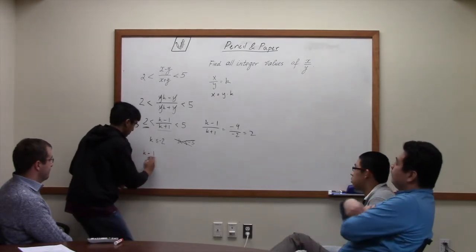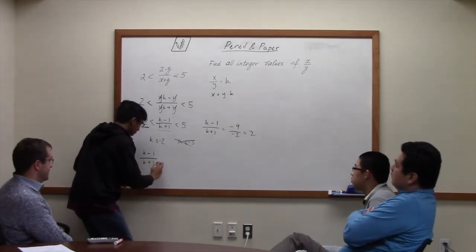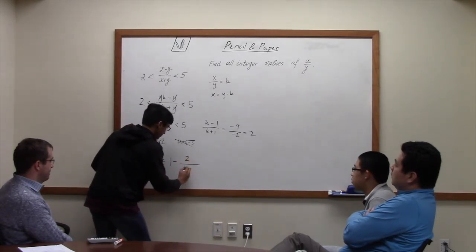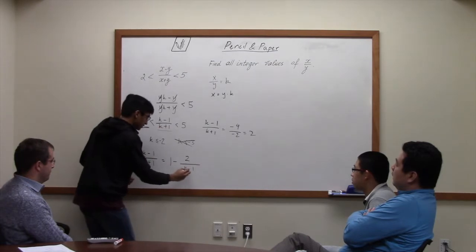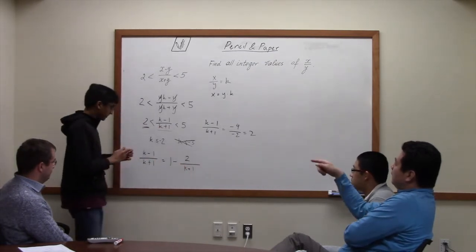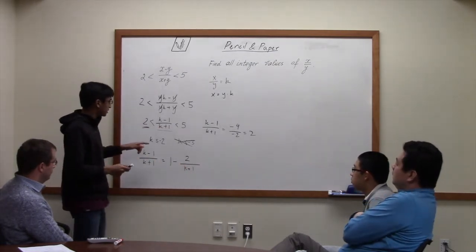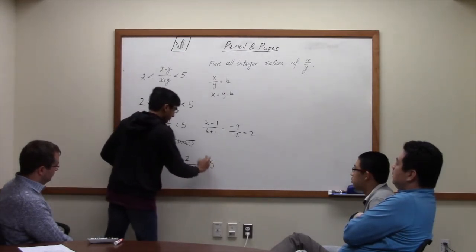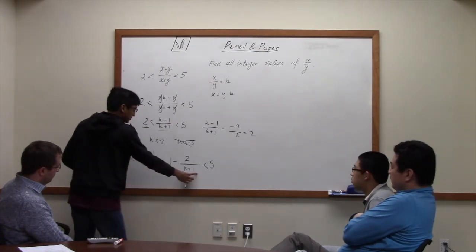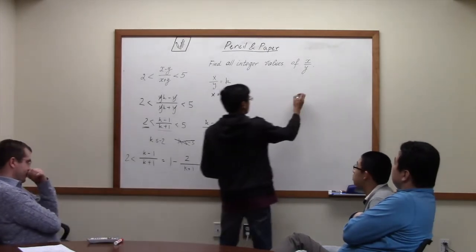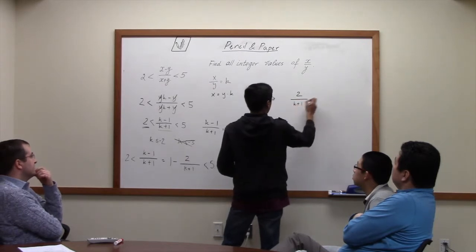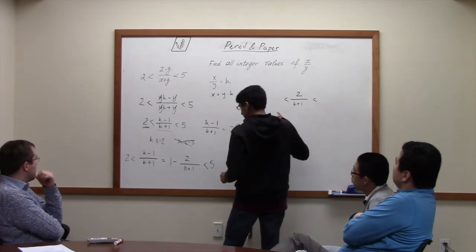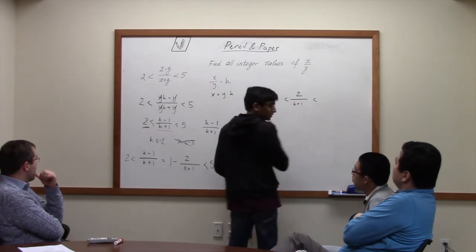So here, we can write this as 1 minus 2 over k plus 1. And then this fraction simplifies better. So then, if this is between 2 and 5, that means that if we just look at this part, 2 over k plus 1, it has to be in between negative 1 and negative 4.